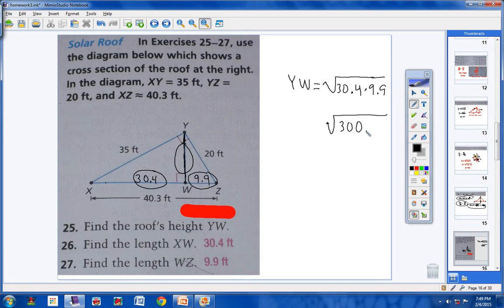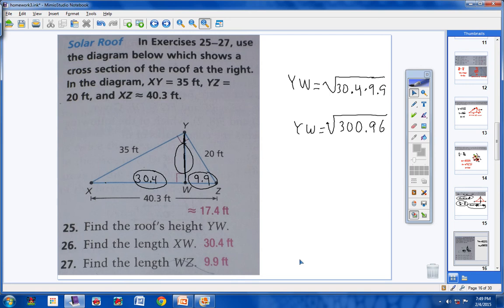The square root of 300.96 is 17.3481. I'm just going to leave that 17.3. They put 17.4, which is fine. I'm going to leave mine 17.3.